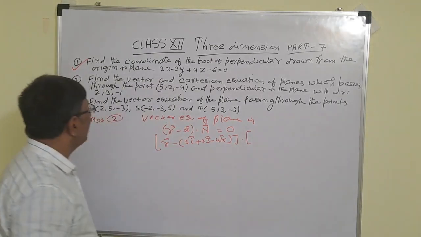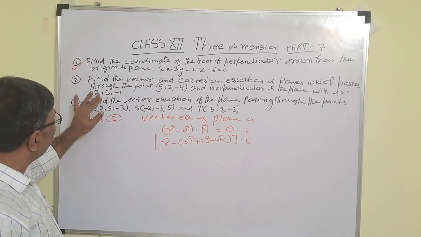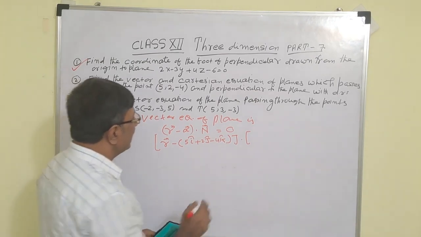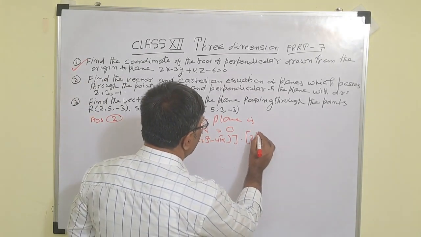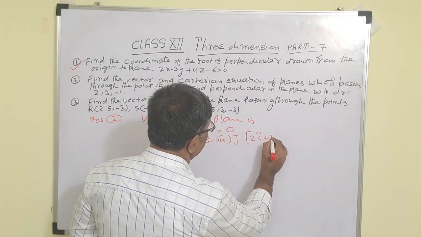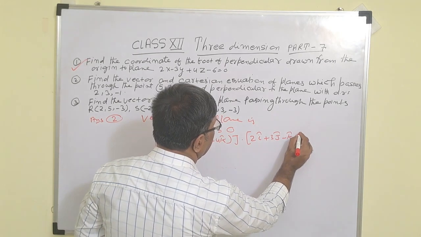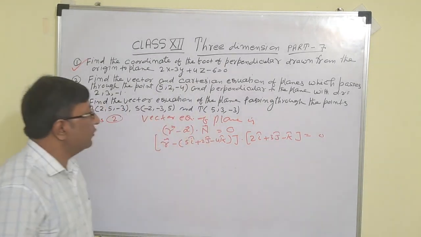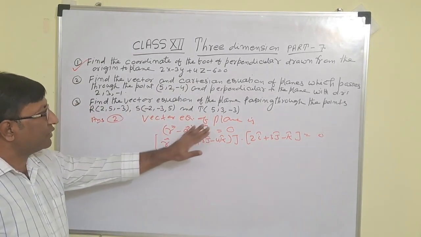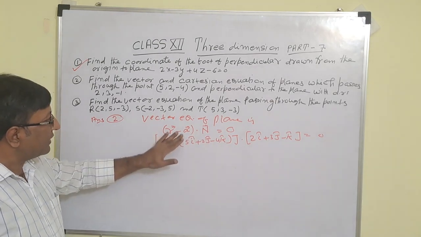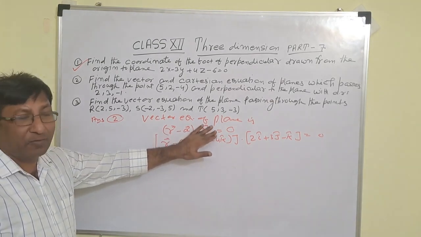So what is the n vector? It is given, that is 2i plus 3j minus k. So this is (2i plus 3j minus k) vector, and this equals 0. So this is the vector equation of the plane: r vector minus a vector dot n vector equal to 0.